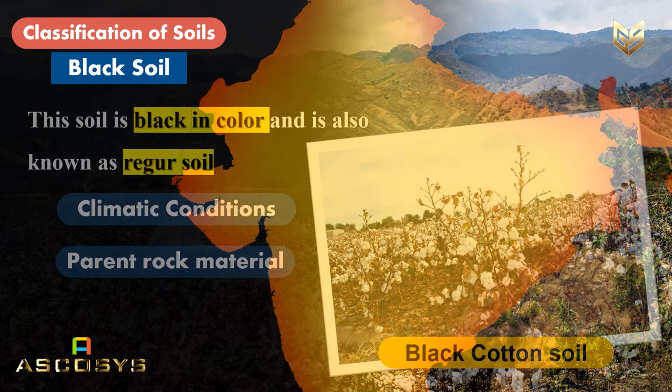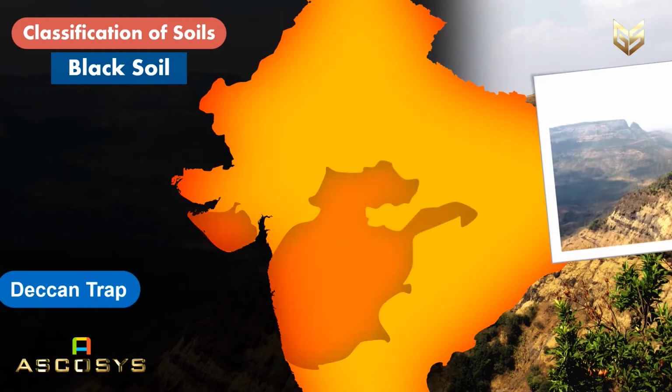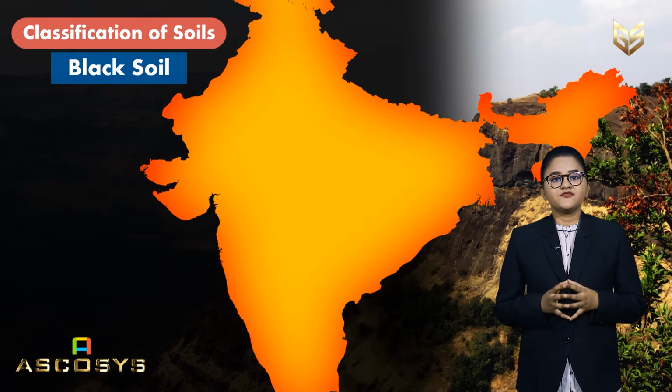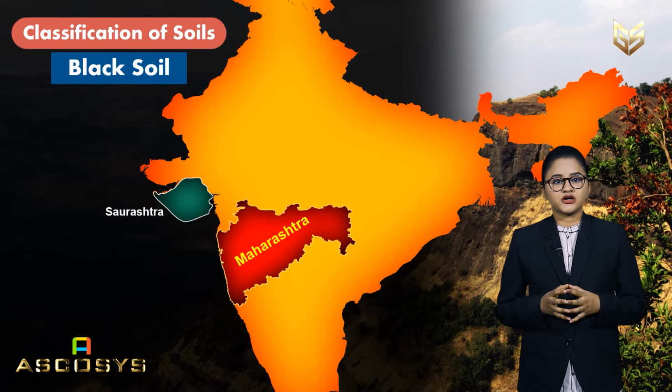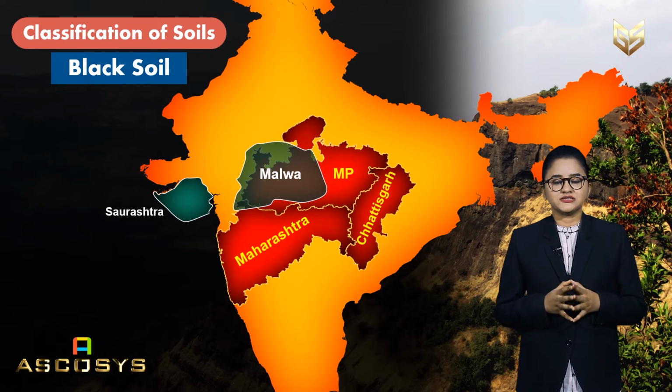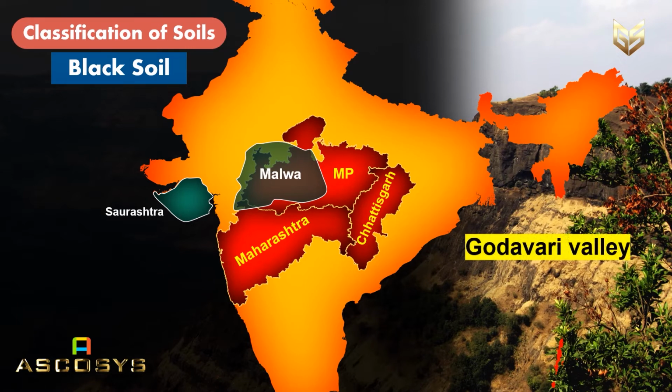The black soil is typical of the Deccan Trap region, spread over the northwest Deccan Plateau and is made up of lava flows. The soil covers the plateaus of Maharashtra, Saurashtra, Malwa, Madhya Pradesh and Chhattisgarh. It extends in the southeast direction along the Godavari and the Krishna valleys.